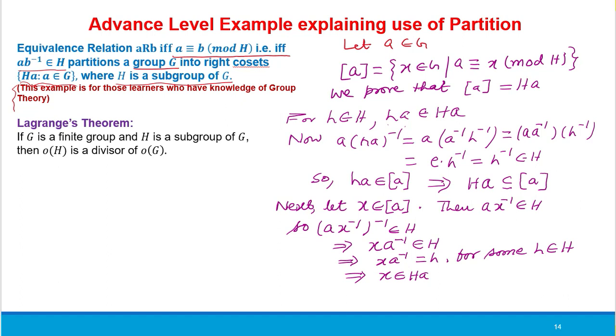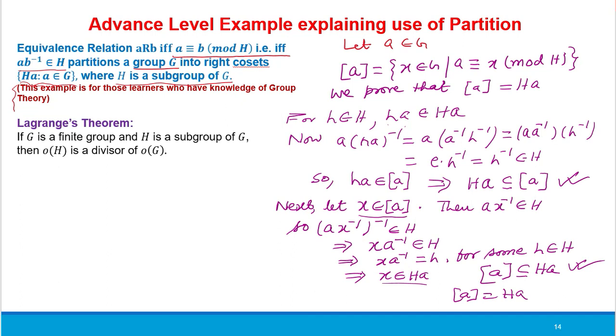And therefore we have taken X in the equivalence class and we have proved that it belongs to HA, and therefore the equivalence class of A becomes a subset of HA. Combining these two, we get that this equivalence class is nothing but the right coset HA.